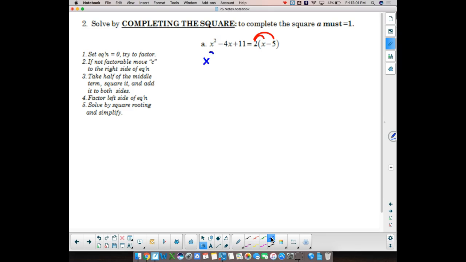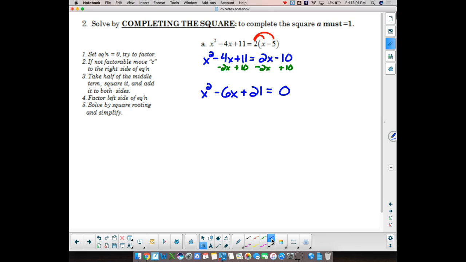That gives me x squared minus 4x plus 11 equals 2x minus 10. Get it equal to 0. I am going to subtract 2x and add 10. That gives me x squared minus 6x plus 21 equals 0.